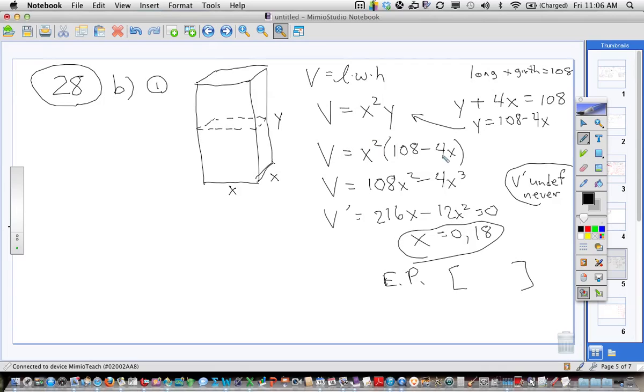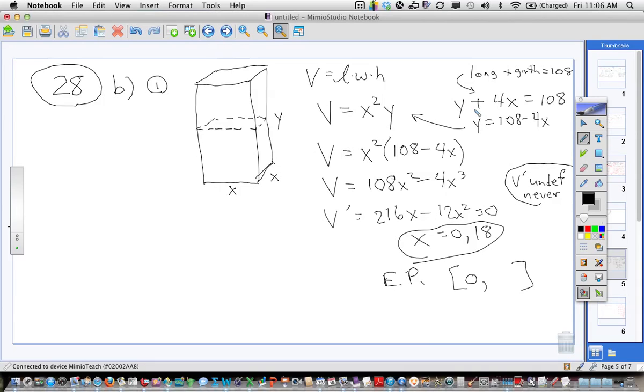The littlest x can be, I would come up to this long side plus the girth equation to do that. The littlest x could be 0, pretty obvious, right? The biggest x could be 108 divided by 4, so 27, right? In other words, if we used everything for x and nothing for y. But it wouldn't even make a box if we didn't use anything for y.